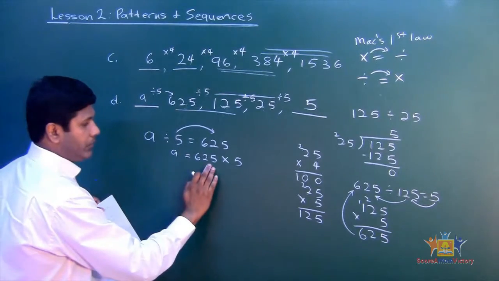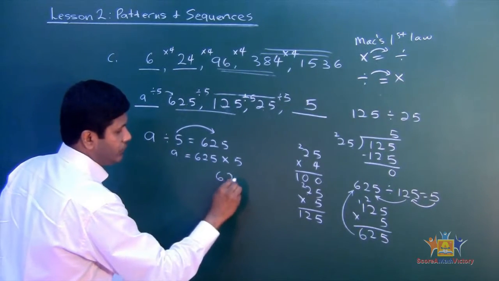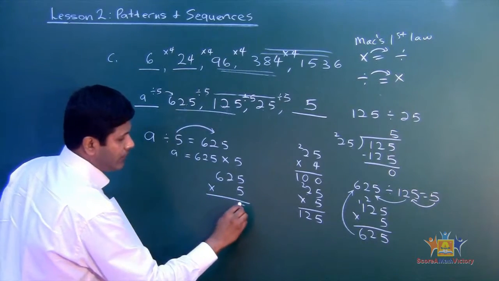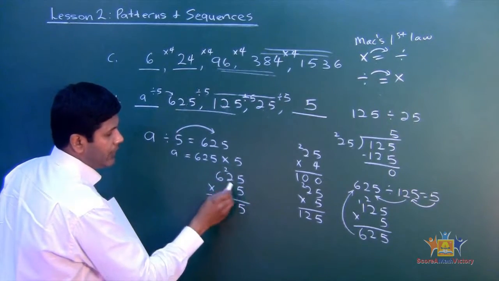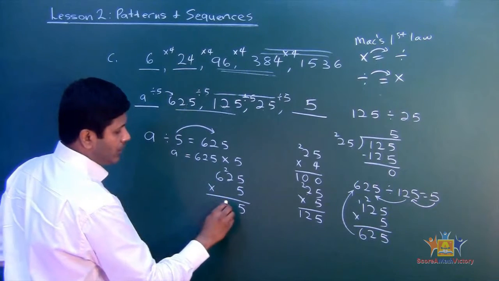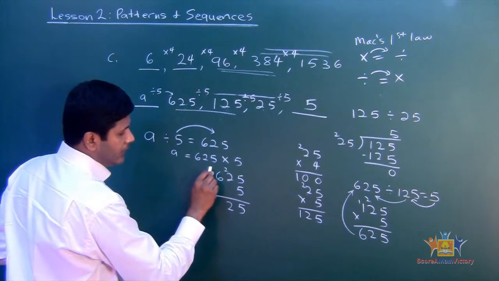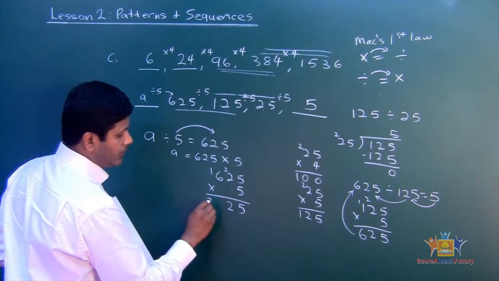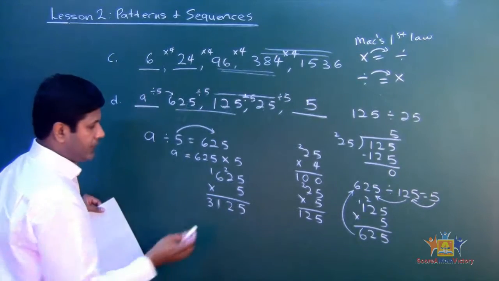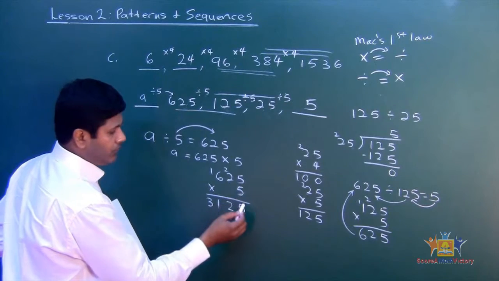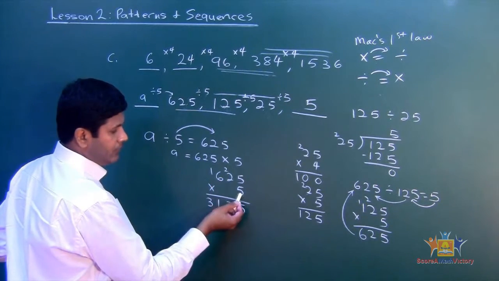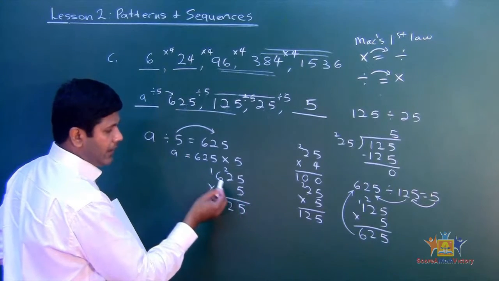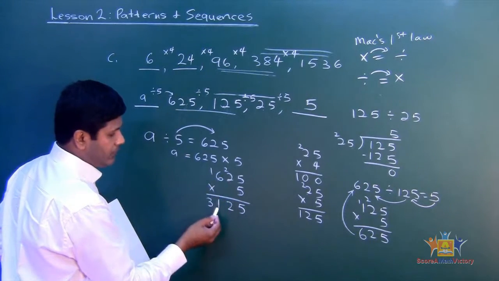So how are we going to do that? Long multiplication. 625 times 5. 5 times 5 is 25, so 5, carry 2. 5 times 2 is 10, plus 2 is 12. 2, carry 1. 5 times 6 is 30, plus 1 is 31. See that? Let's do it again. 5 times 5 is 25, so 5 carry 2. 5 times 2 is 10, plus 2 is 12, 2 carry 1. 5 times 6 is 30, plus 1 is 31.